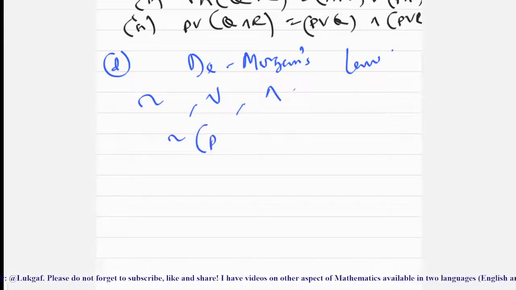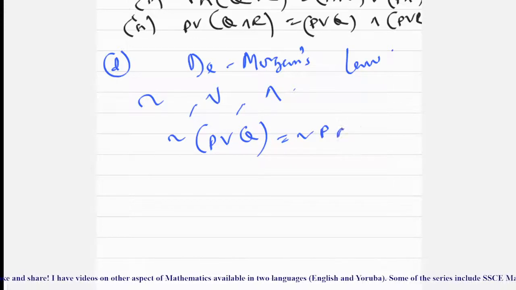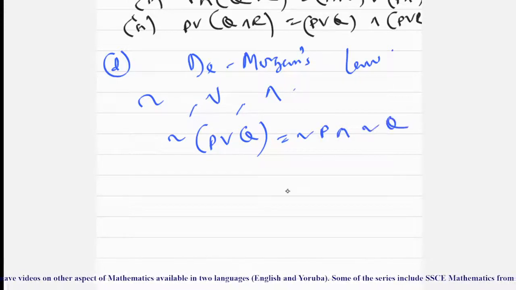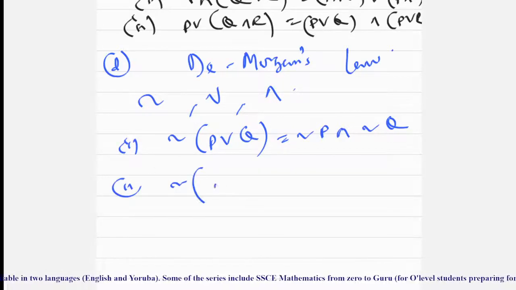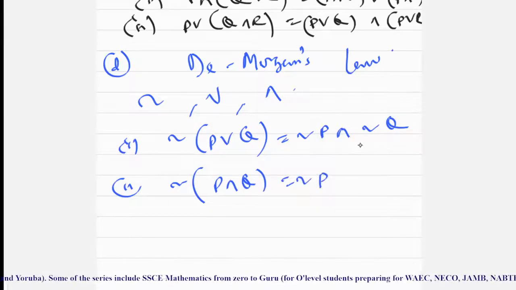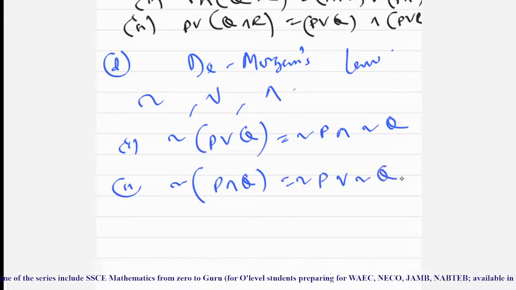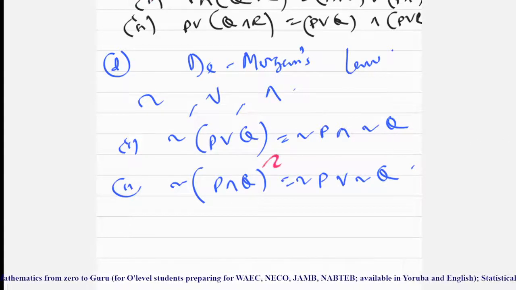When you have the negation of a disjunction of two properties, it's the same thing as the conjunction of their negations. I think I've shown this in the last video. Number two, when you have the negation of a conjunction of two statements, it's the same thing as the disjunction of their negations. Let me show one of them, then you can quickly do the rest yourself.